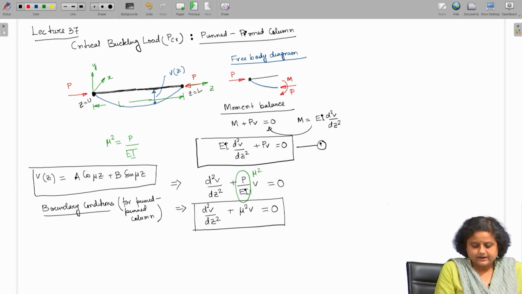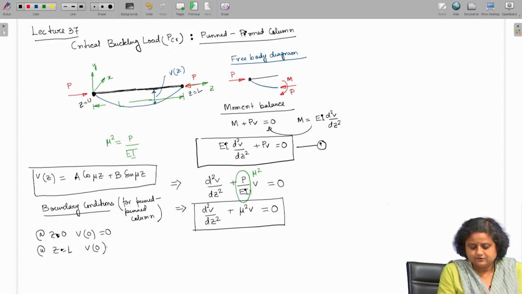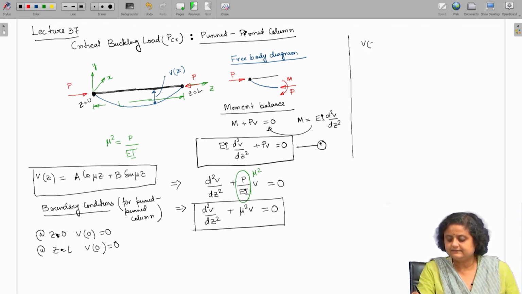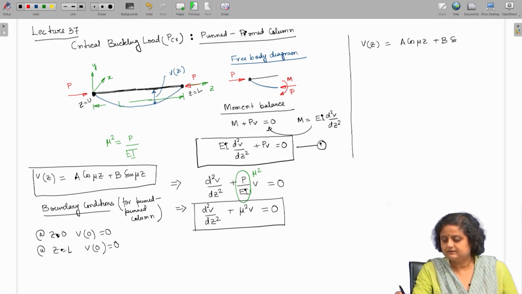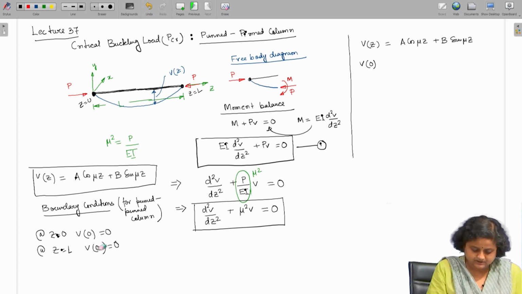Now, what are the boundary conditions? So, at z equals to 0, V, the lateral deformation, is 0. Similarly, at z equal to L, which is also pinned, V is equal to 0. Now, if we implement these two boundary conditions, then we have Vz, which is A cos mu z plus B sin mu z, and therefore V0, sorry, this is a mistake.